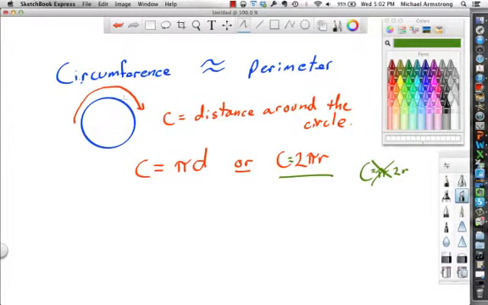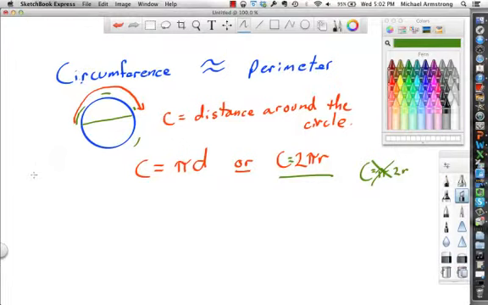Okay, so once we know the formula, which is C equals pi times diameter, or C equals 2 times pi times radius, we have to be able to figure out what pi stands for. And there's a really cool thing that we're going to talk about in class, but it shows us that if we compare the diameter of a circle, the distance across, and the distance around, the distance around is always just a little more than 3 times the distance across.